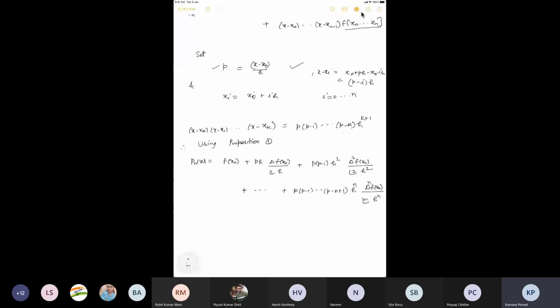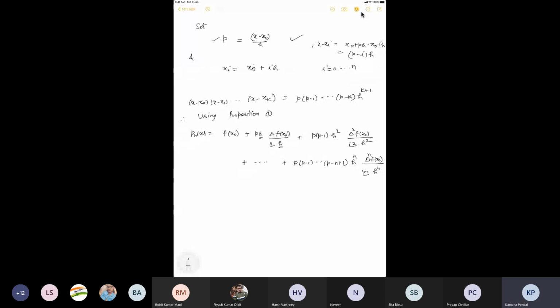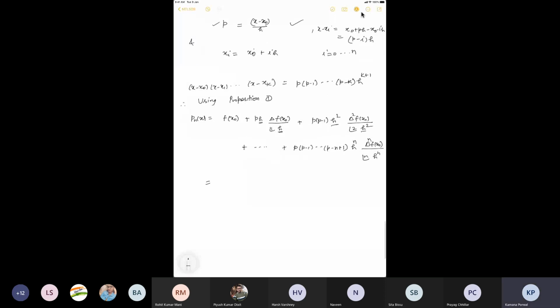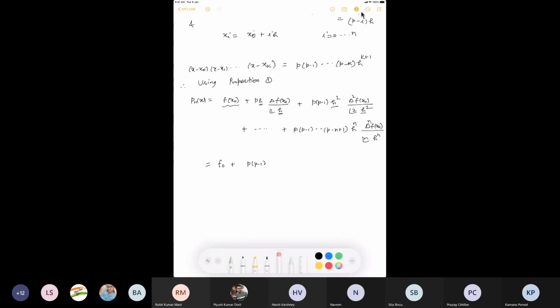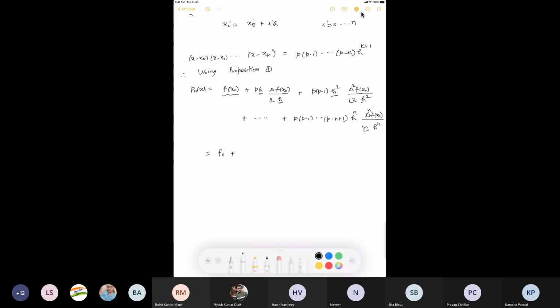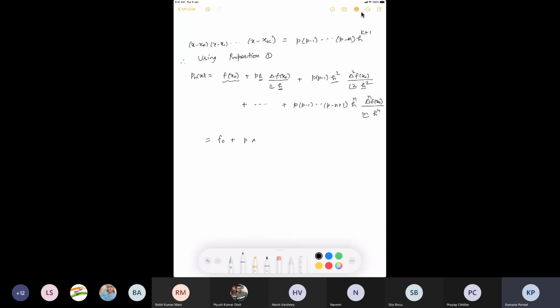If we simplify this, you can see that all these powers of h are cancelling out. So what we are left with, again using the notation f naught: f naught plus p times delta of f naught, plus p(p minus 1) divided by factorial 2 times delta square of f naught.